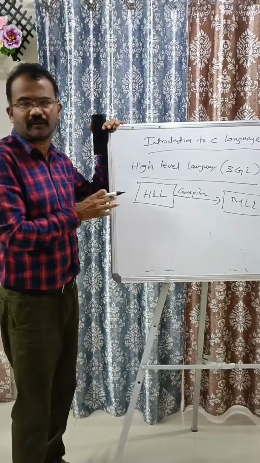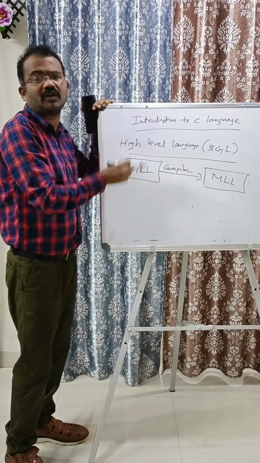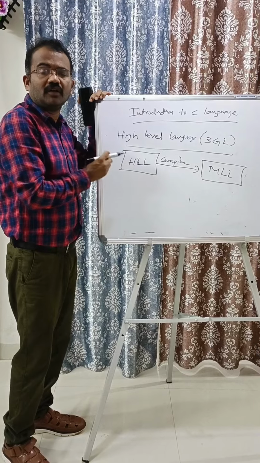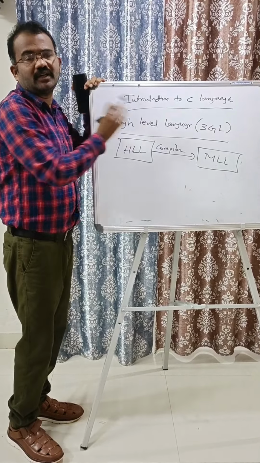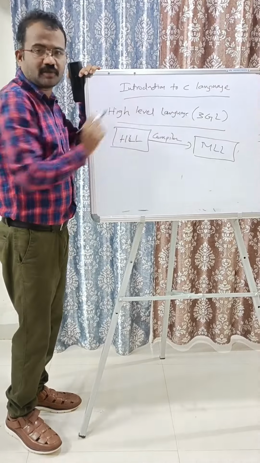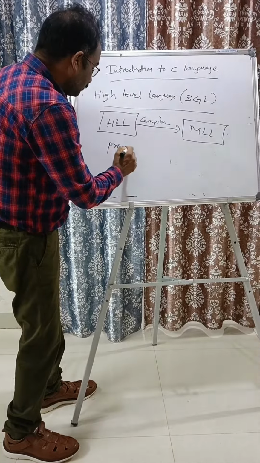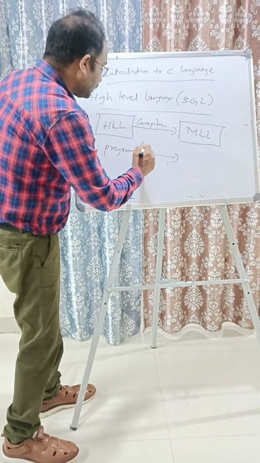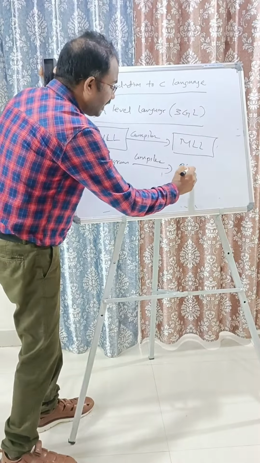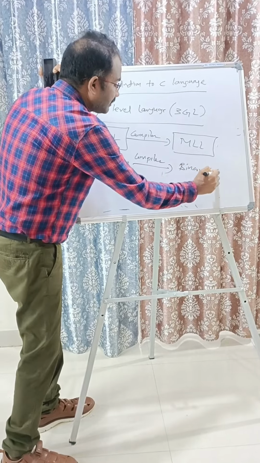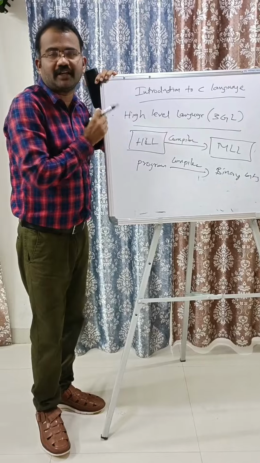Whatever program we write, either a C program or Java program or Python program, we need to use a translator. For C and Java programs, we need to use a compiler. So finally, the program by using the compiler is translated into binary bits. Whatever program we write needs to be converted into binary bits.